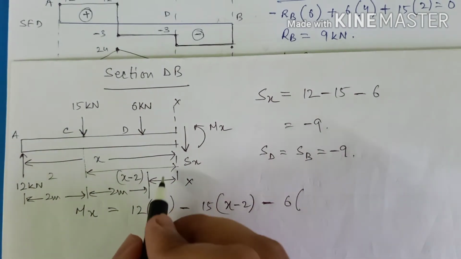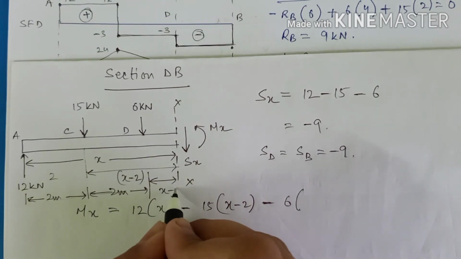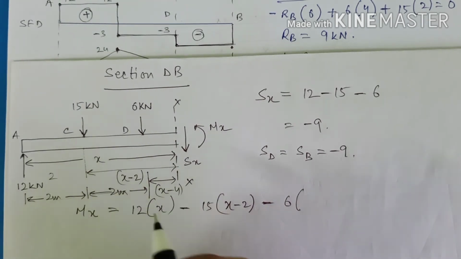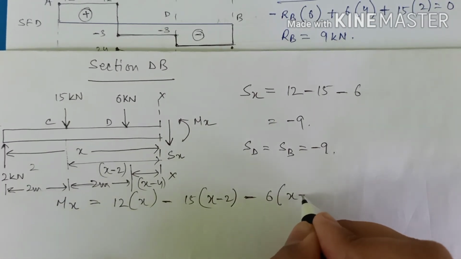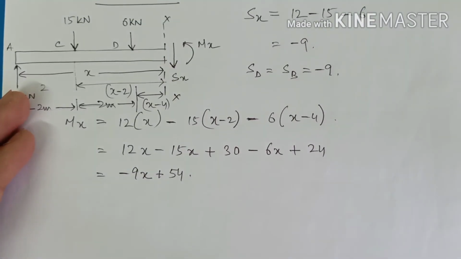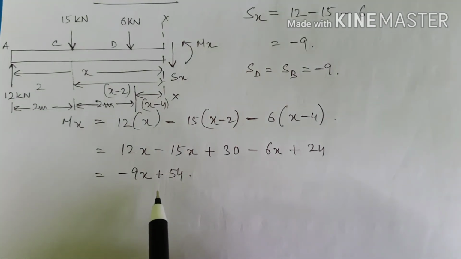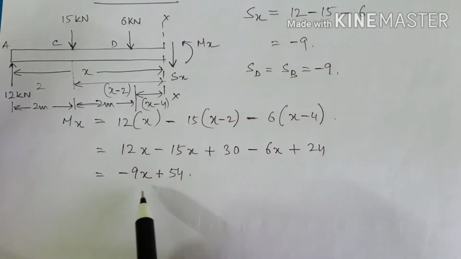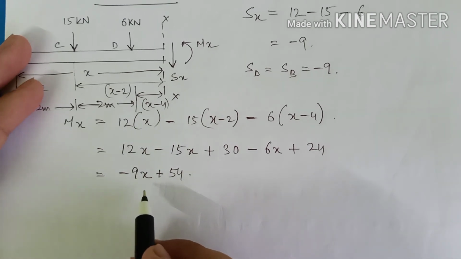So it will be total minus 2 plus 2, that is x minus 4. I know it's quite messy guys, please try to understand. That is 6 multiplied by x minus 4. Now let's try to solve this. So after simplifying this, we are getting a bending moment equation, that is minus 9x plus 54. So clearly it depends upon the value of x.